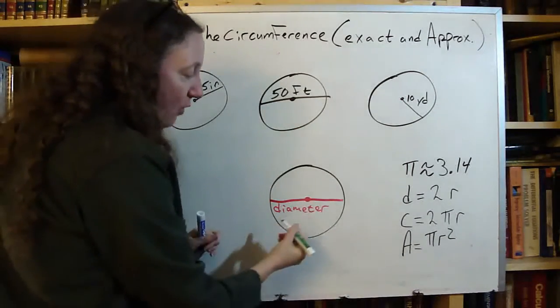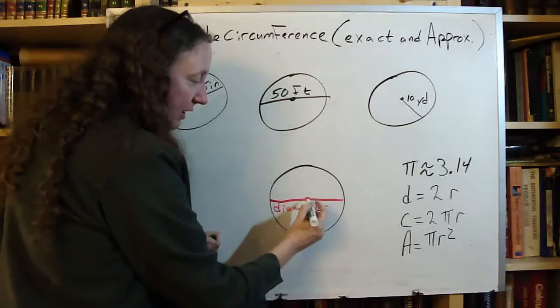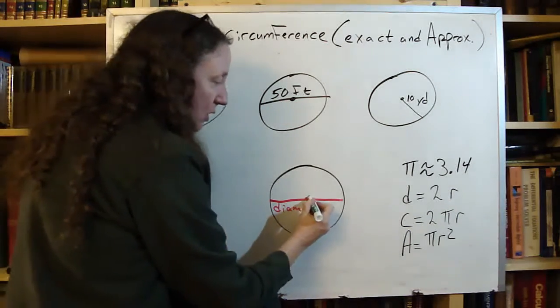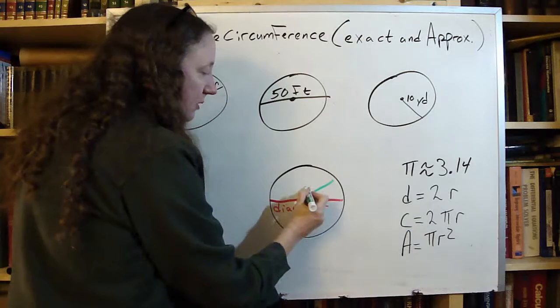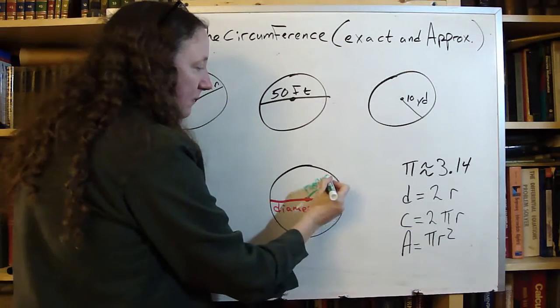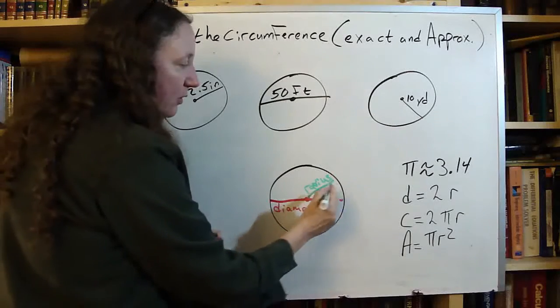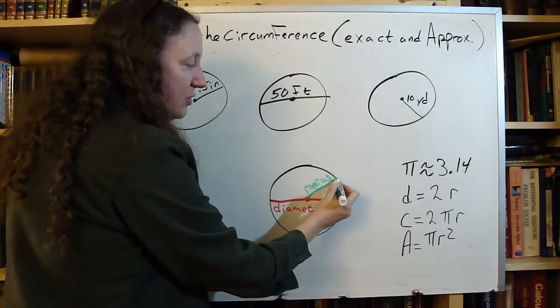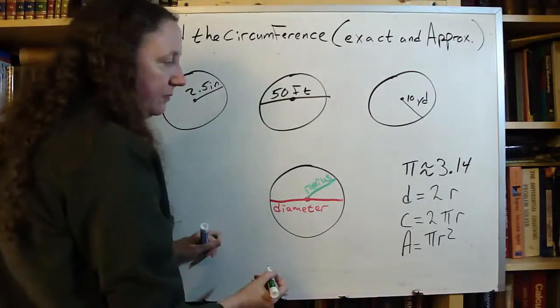So the diameter goes all the way through the center, from one edge to the other. The radius is from the center to the edge of the circle.